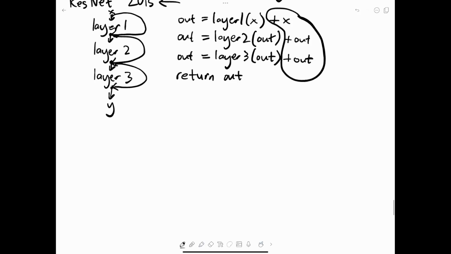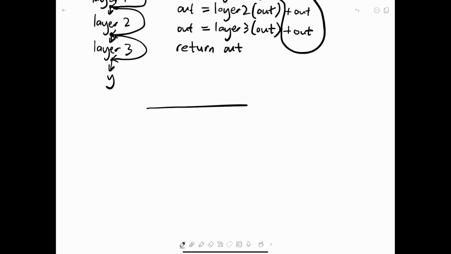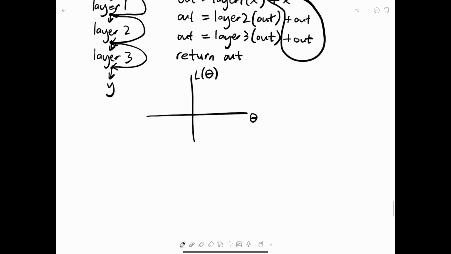So this is actually kind of a surprising discovery. What happens is that if you have a loss function, if this is your parameters, and this is your loss, then typically a loss function looks something like this. Let me draw a different one.